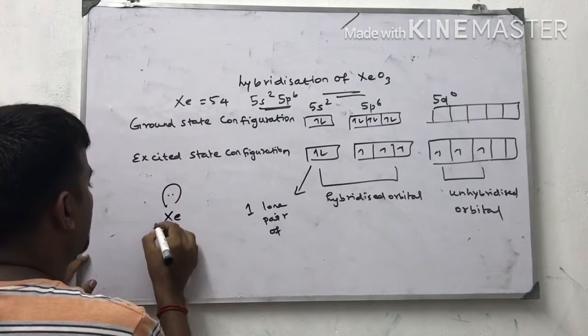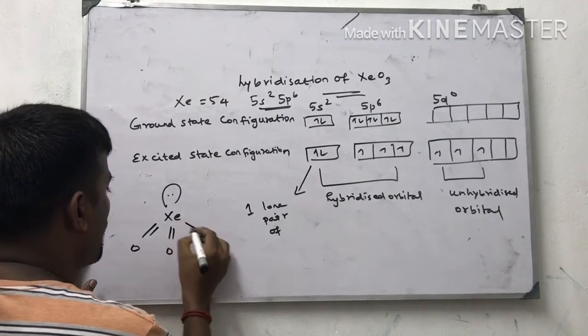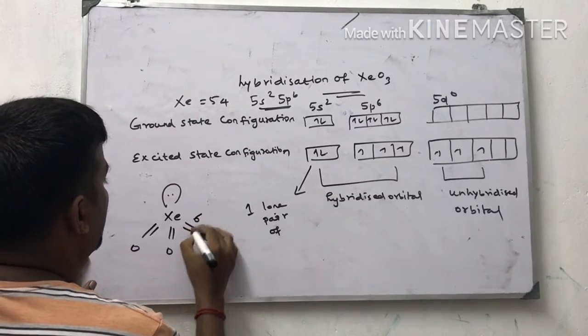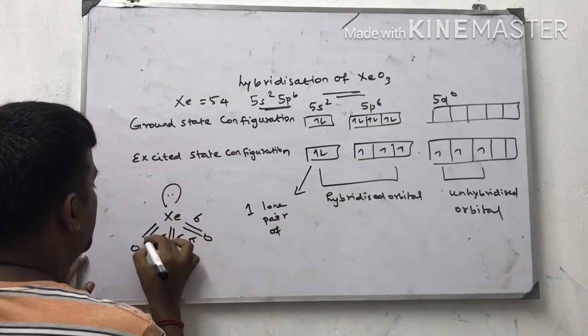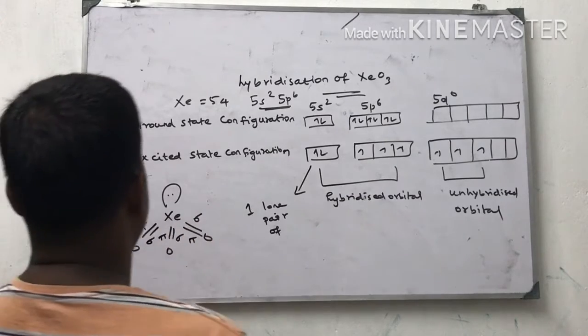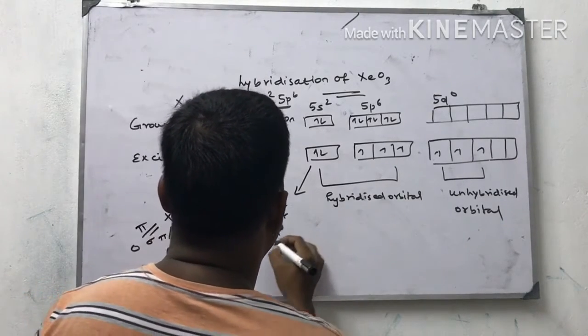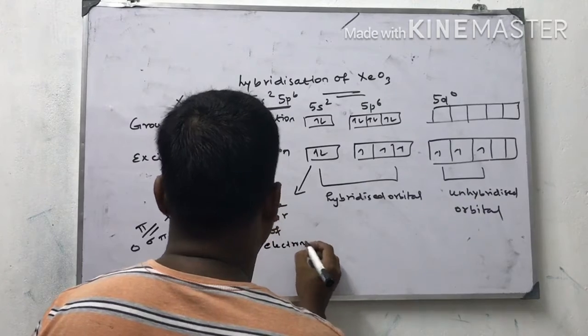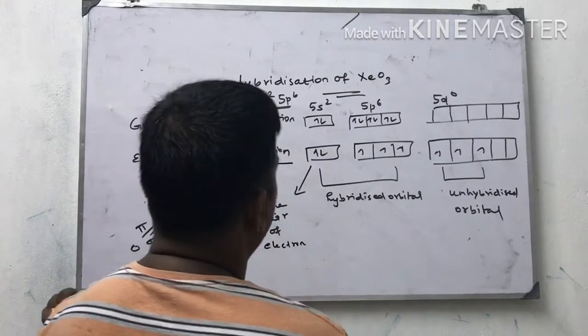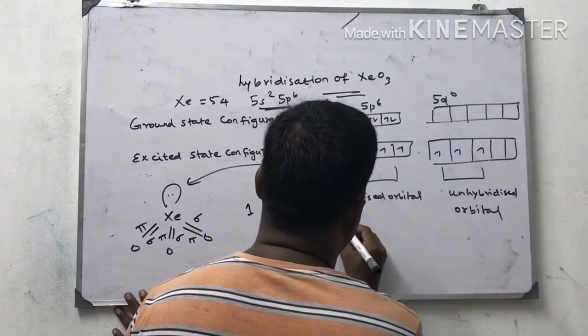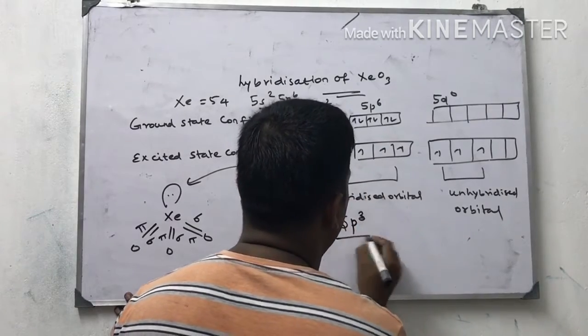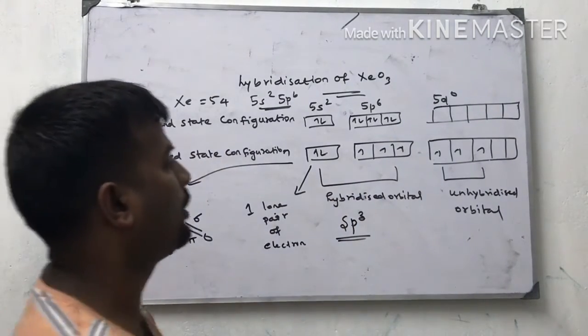Xenon trioxide. This one lone pair of electrons. Next, hybridized orbitals: 1 s orbital and 3 p orbitals, therefore it is sp3 hybrid orbital.